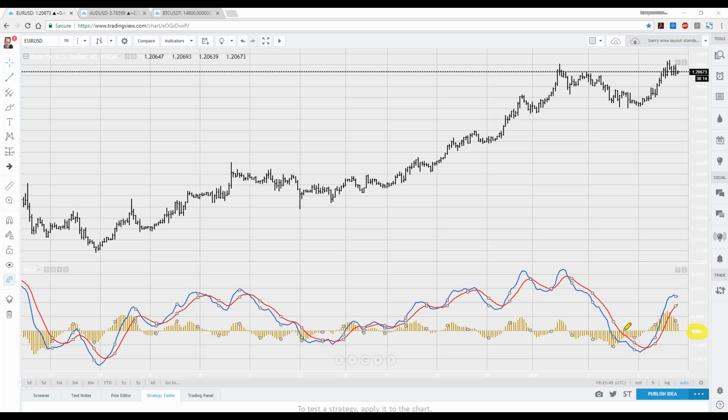The first and the most well-known is when the red line or the signal line crosses the blue line. Now, when it crosses this blue line, what is the difference? It is 0 again. So we can see this on the histogram, that each time these lines cross, the histogram is at 0.